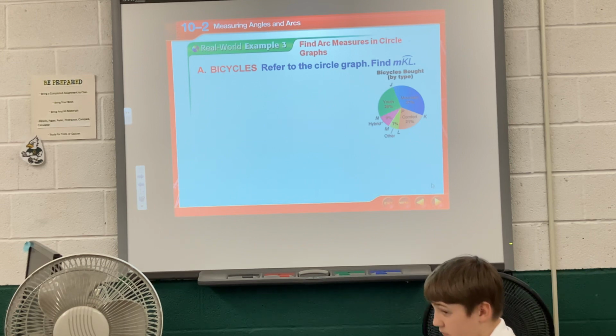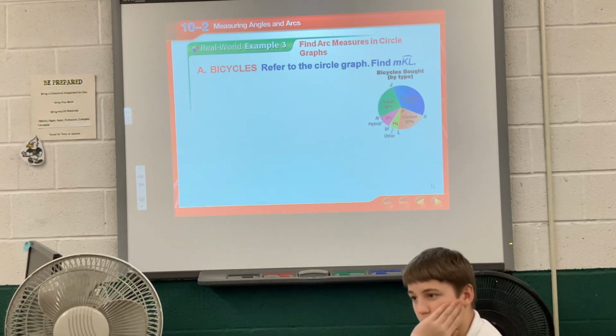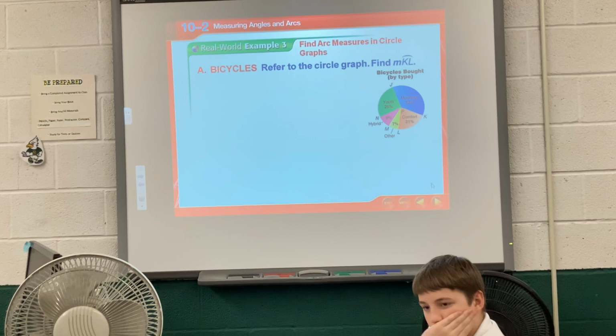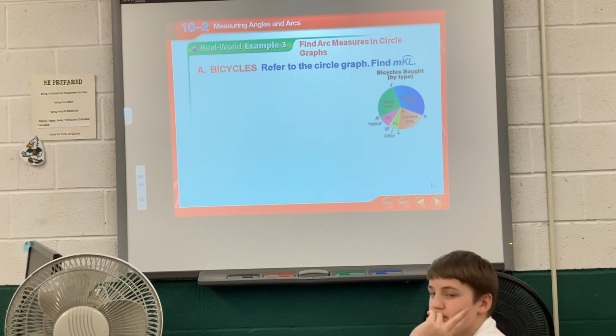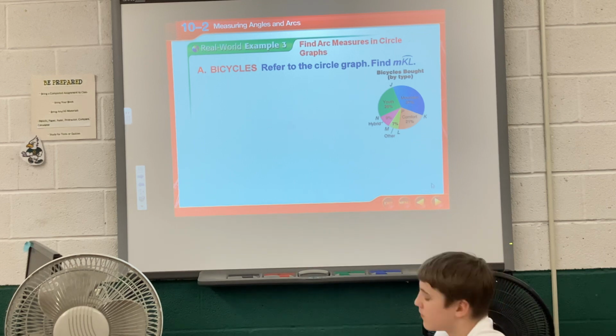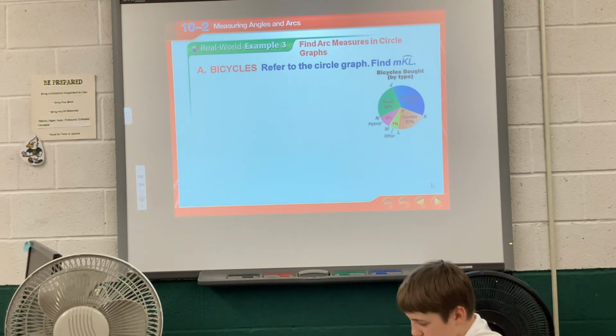Why is that 0.21? How are you going to do 21% otherwise? You're going to do 21 divided by 100 times 360. So the same difference is times 21 divided by 100. Anytime you put it in, you have to make sure it's not a full number first.